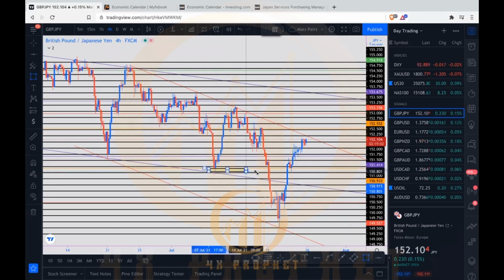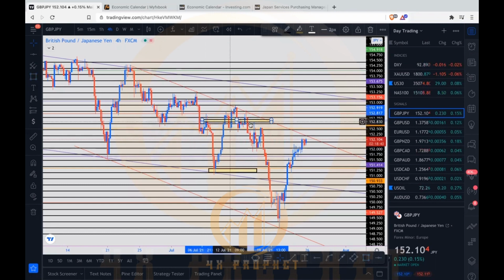Mark this off. Boom. Now what we're looking for is where there was an obvious sign of a resistance in this area being broken, which was right here. So we put this here. Perfect. Now, as we can see right here, price stayed in this area for a minute.